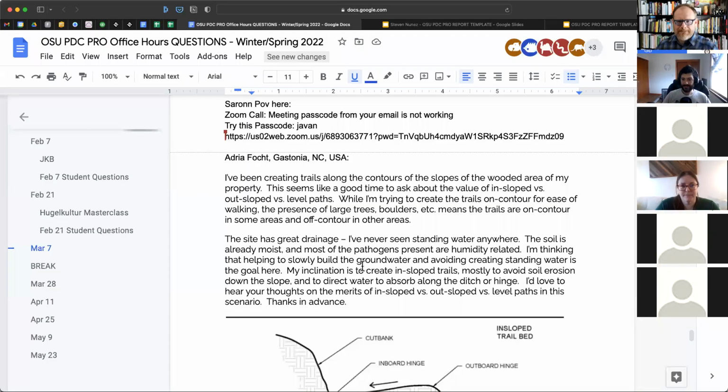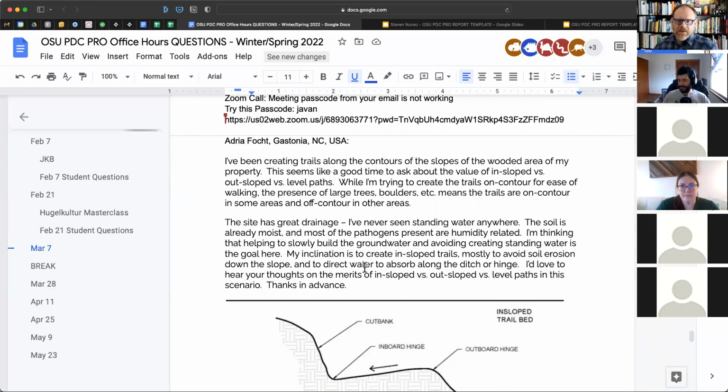Okay, so we've got a question here, and I'm just going to share the screen again. I've been creating trails along the contours of the slopes of the wooded area of my property. This seems like a good idea to ask about the value of inslope versus outsloped versus level paths. While I'm trying to create the trails on contour for ease of walking, the presence of large trees, boulders, etc., means that the trails are on contour in some areas and off contour in others.